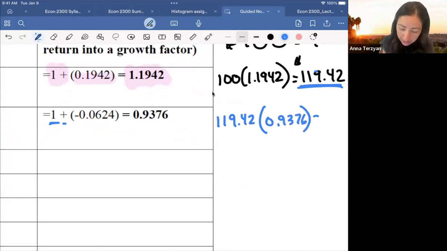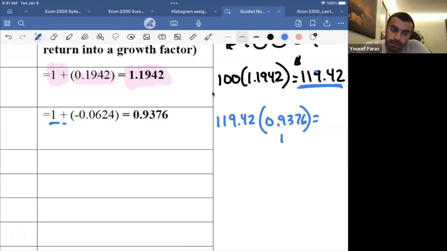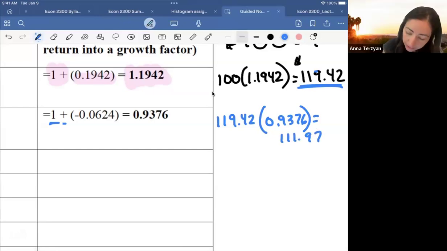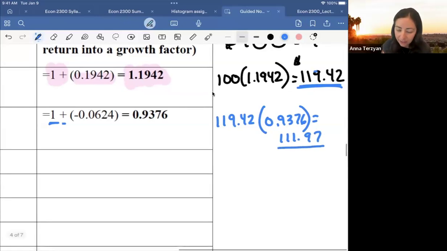And how much would you have at the end of year 2? So 119.42 times 0.9376 is $111.97. Perfect. So that's how much you have at the end of year 2.